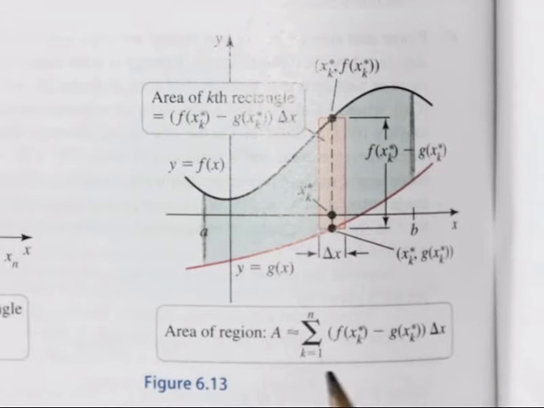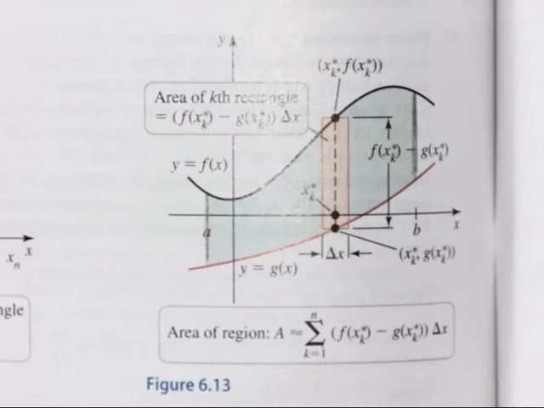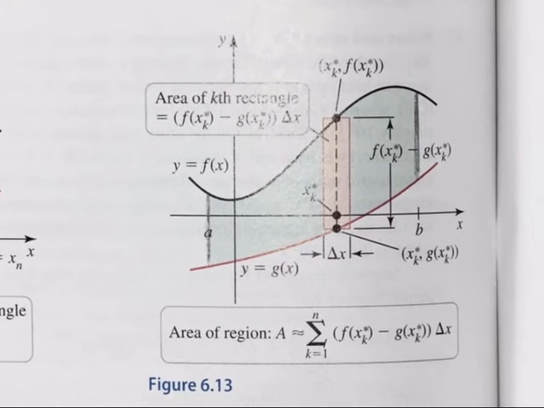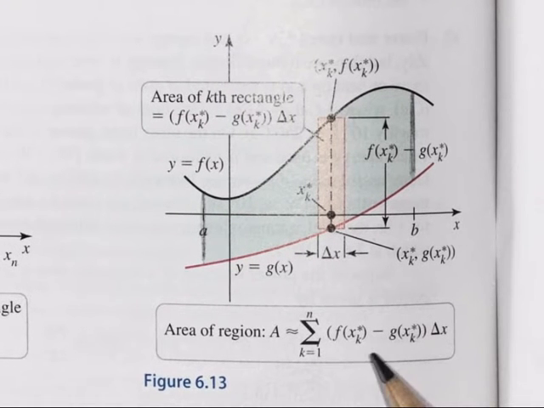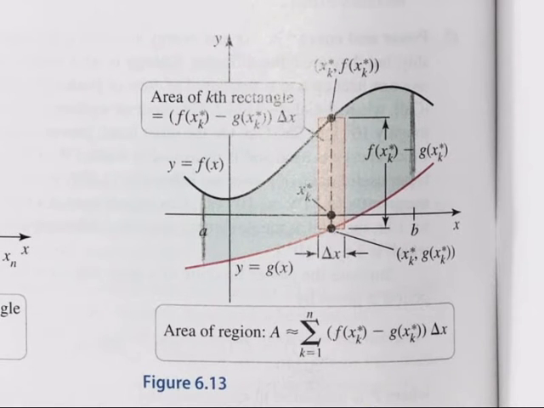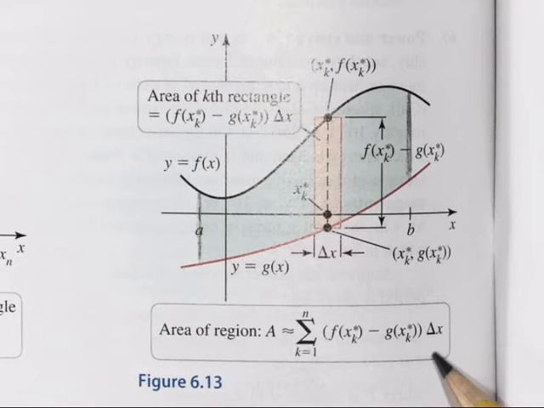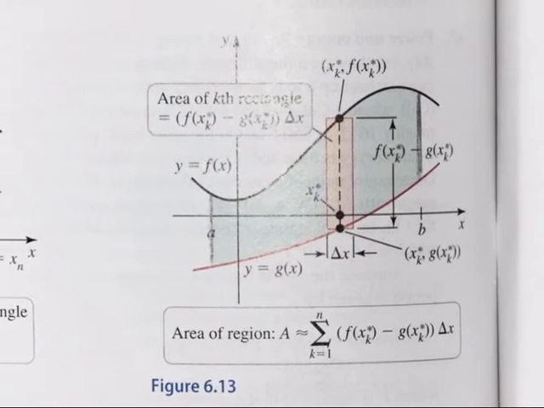And so when you see this area formula in the Riemann sum, let me focus in on this a little better. We have the summation, which is summing the area of all those rectangles. This is the length of each rectangle, f of x minus g of x, times delta x, which is the width of each one of those rectangles.